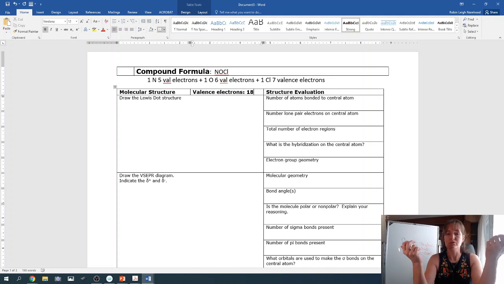What you want to do is use the bonding trends that I went over in class in our notes.